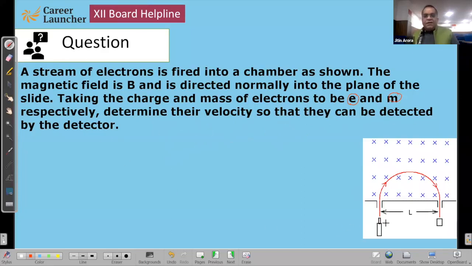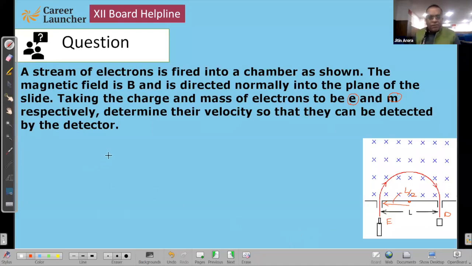So यहाँ पर अगर यहाँ से beams को eject किया है और यहाँ पे detect कर रहे हैं, it means they'll follow a circular path and the radius of the circular path is equal to half of the length between these 2 points. So R is equal to L by 2.